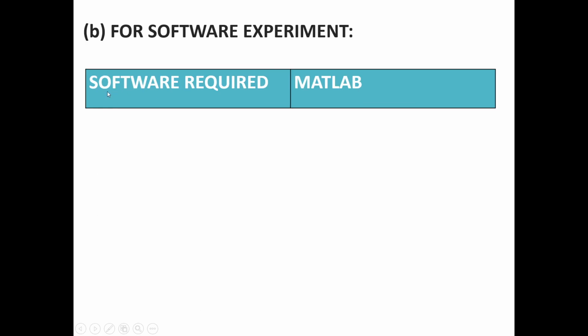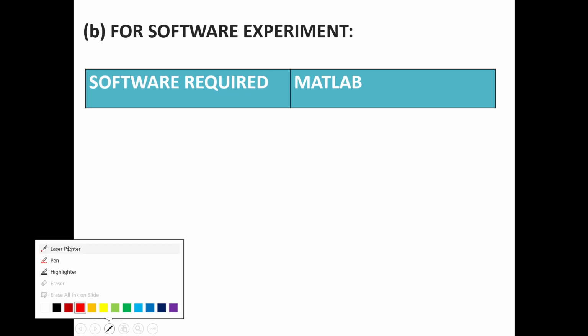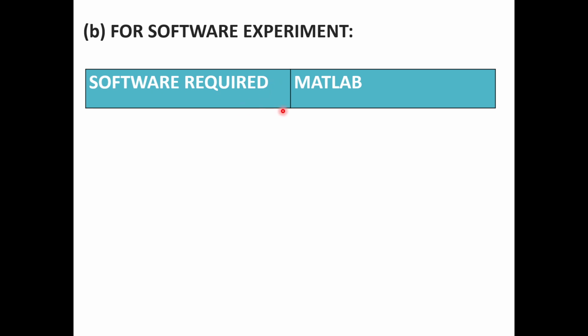For the software experiment, the apparatus required is only MATLAB software. That's why I have written only one row with 2 columns mentioning software required is MATLAB. So the software that is required is what? MATLAB software. That's it.